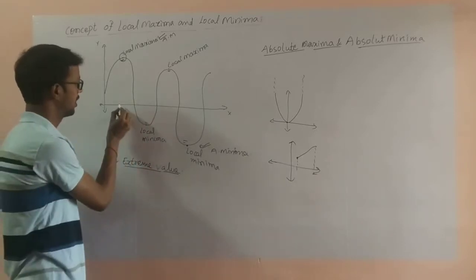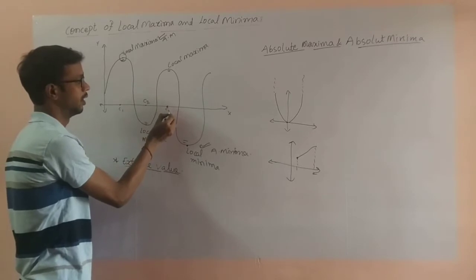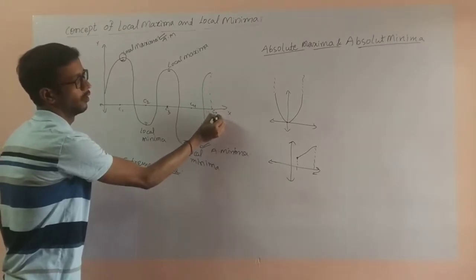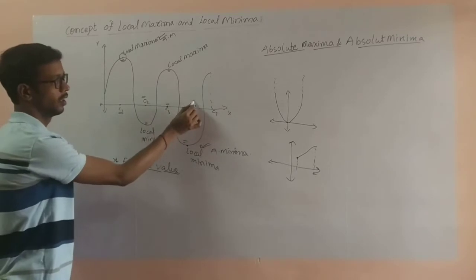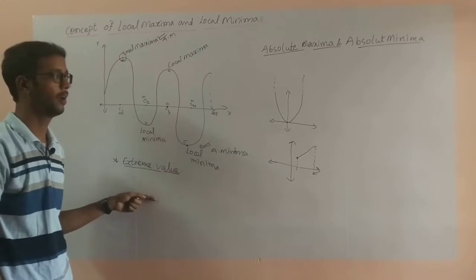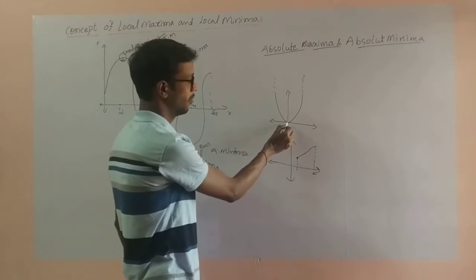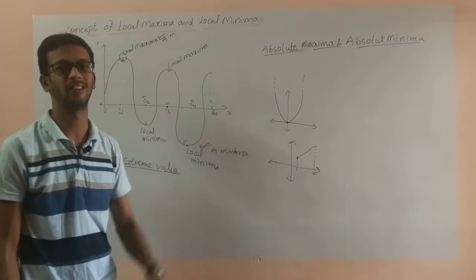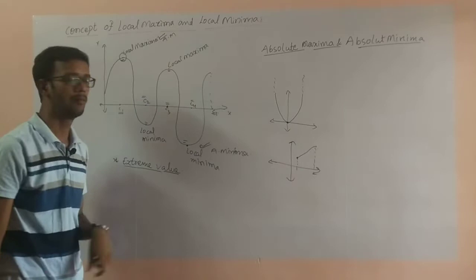For example, I am taking these as C1, C2, C3, C4, and this one as C5. Here the points C1, C2, C3, C4, C5 are called extreme points. Here minimum is getting, so this point is called an extreme point and the value 0 is the extreme value. Next, here 1 and 2 are extreme points.